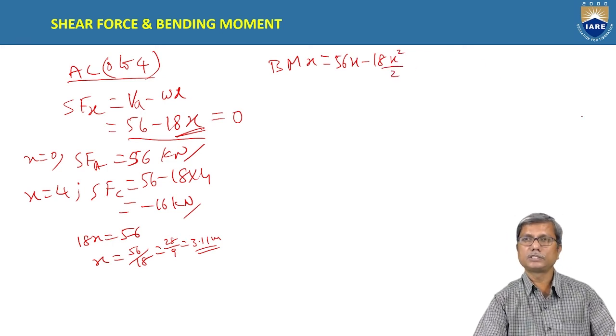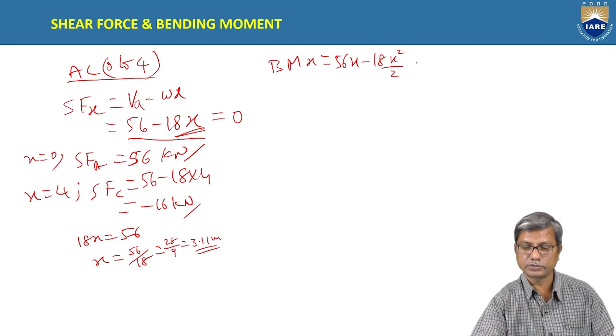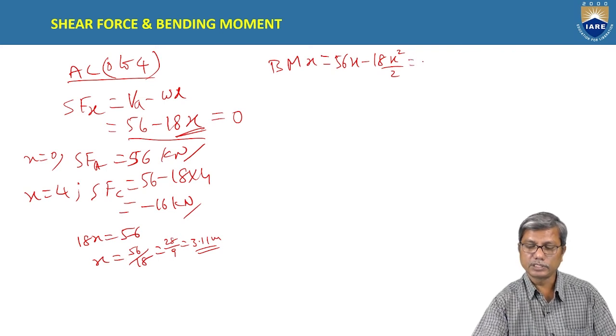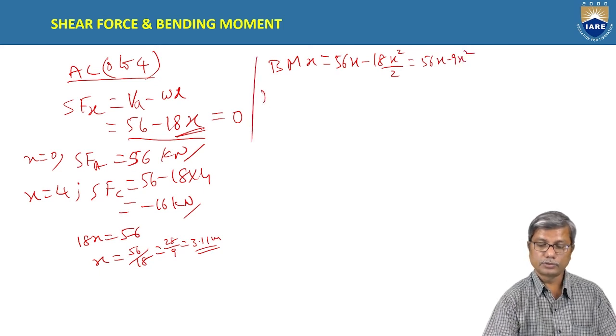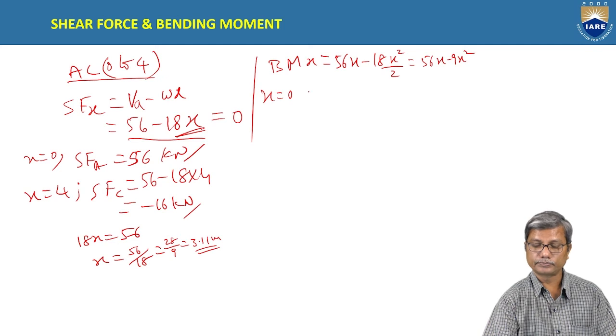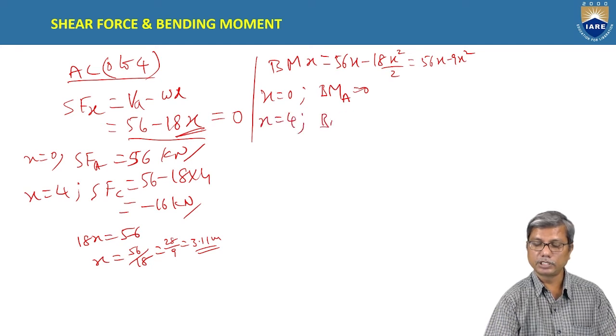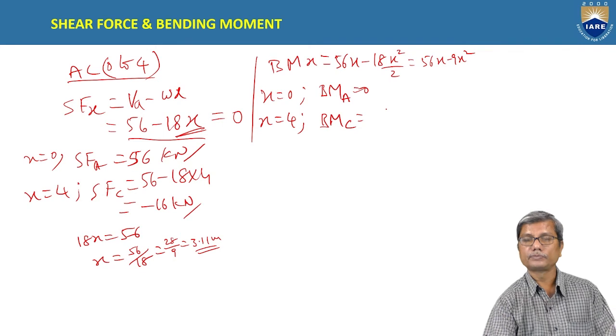Here W means intensity of loading, as I told you. It is 9x square. So 56x minus 9x square. So substituting x equal to 0, you will get bending moment 0 at the support at A. And substituting x equal to 4, you will get bending moment at C.